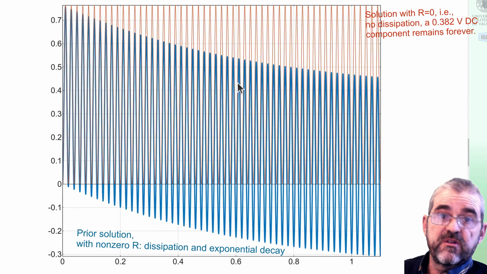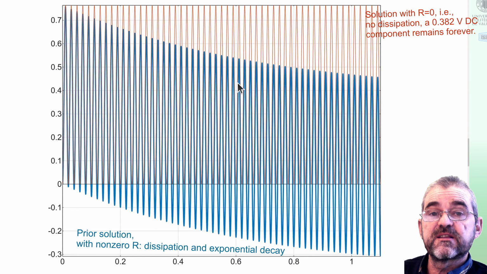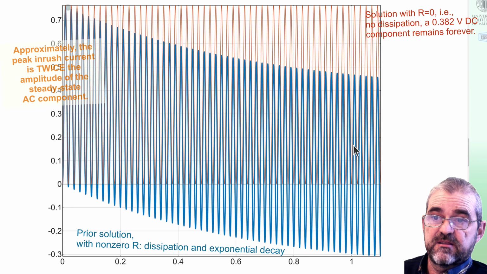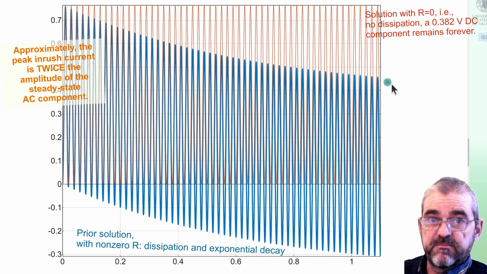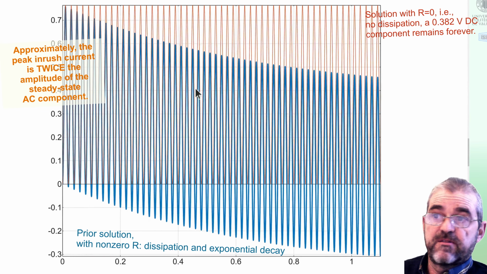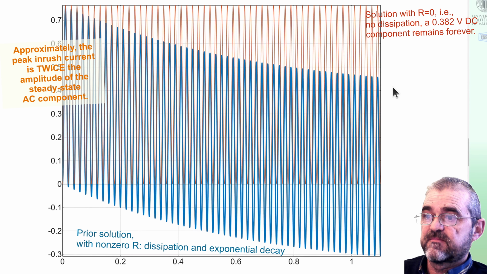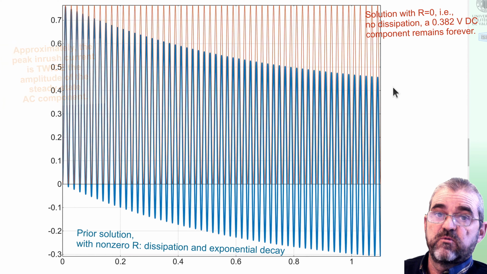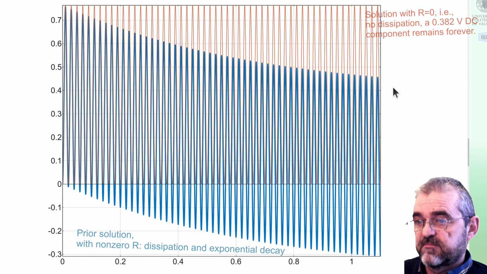But this no-resistor model somehow predicts that initial inrush, and it is roughly twice the peak of that at the final part of the transient, because the DC component of the red curve is just in the middle of the sinusoid. So this is the approximation at the starting instant when there is a high inrush current.